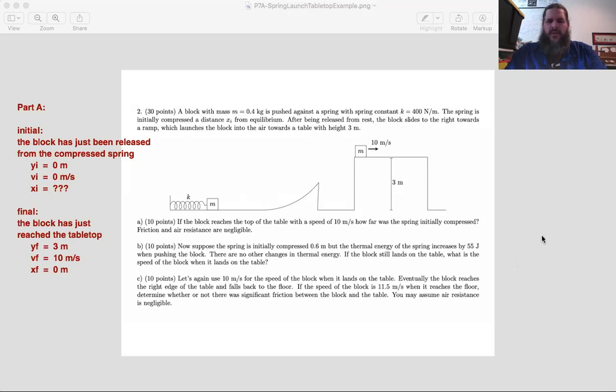For Y initial, where does the block start off in terms of height in the initial situation? At the beginning, how would you describe where the block is?